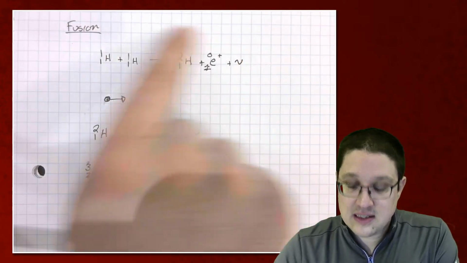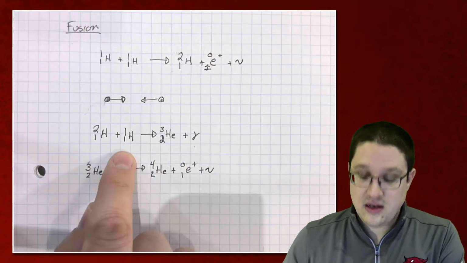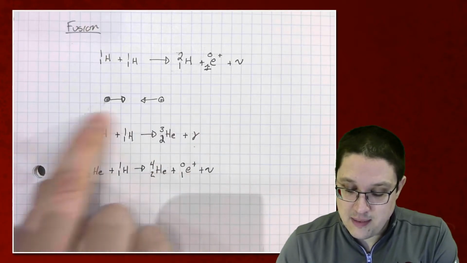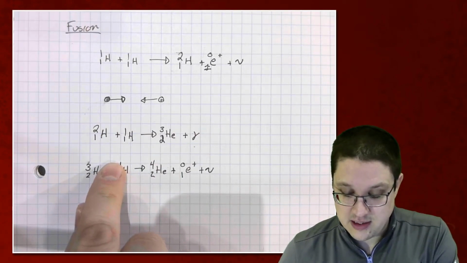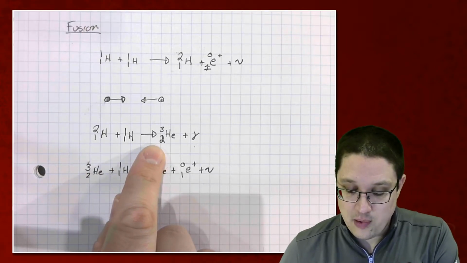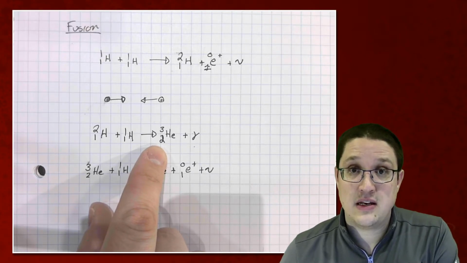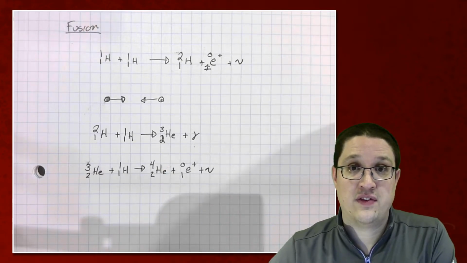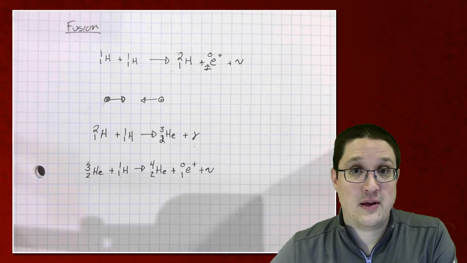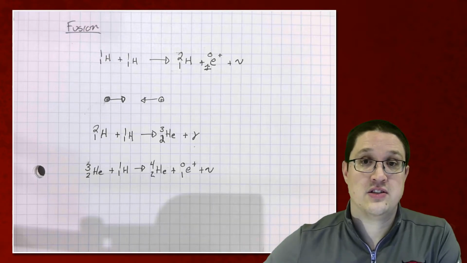This deuterium nucleus can then combine with another hydrogen nucleus. This is a possible second step in this process where you'll end up with helium-3. This helium-3 nucleus is very excited because it has a lot of energy in there from this collision, which means that it releases that energy in the form of a gamma ray. Now, the helium-3 nucleus is not stable.